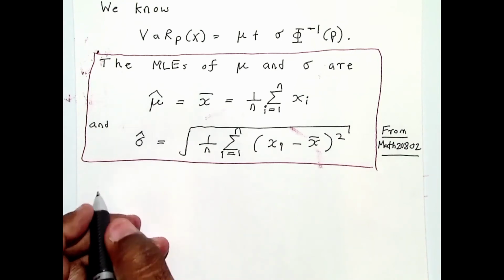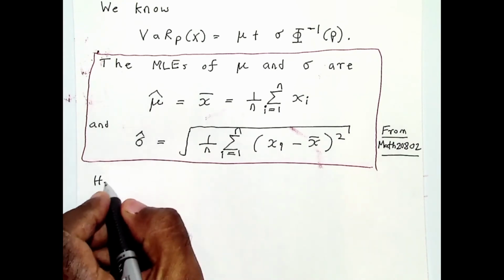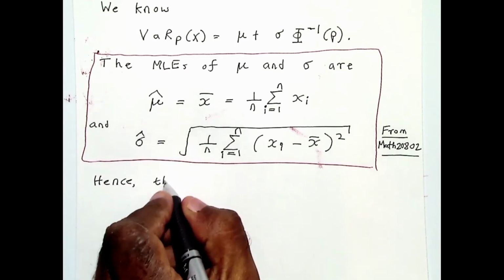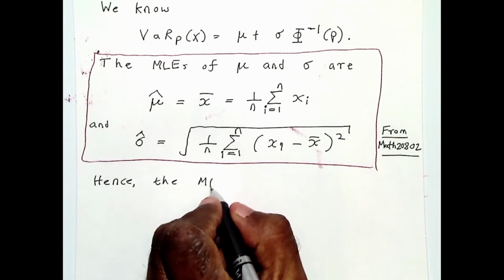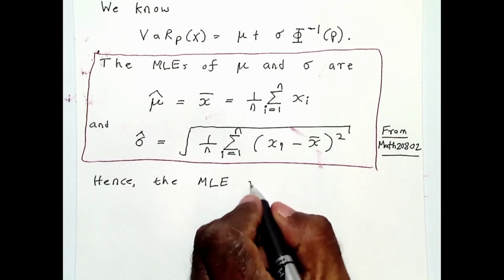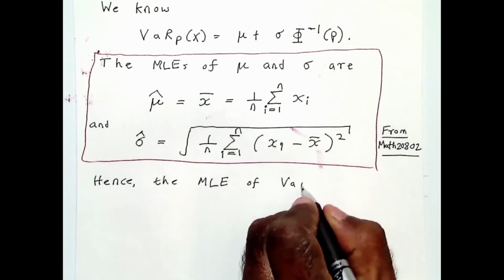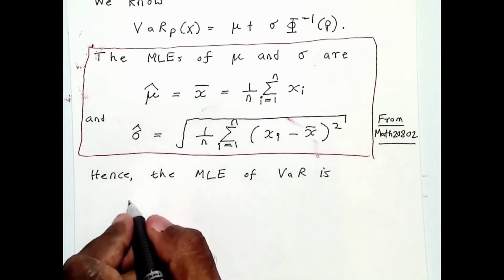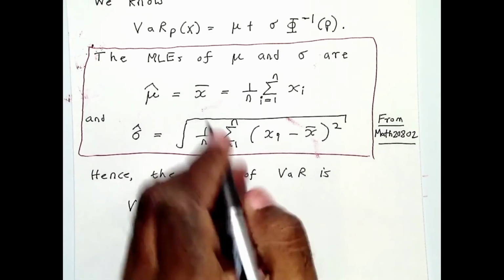Hence, these are the MLEs for mu and sigma. Hence, the MLE of VAR is simply the following.